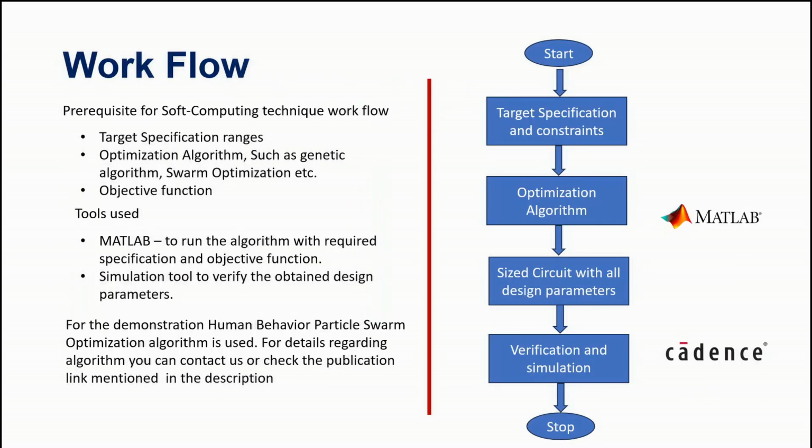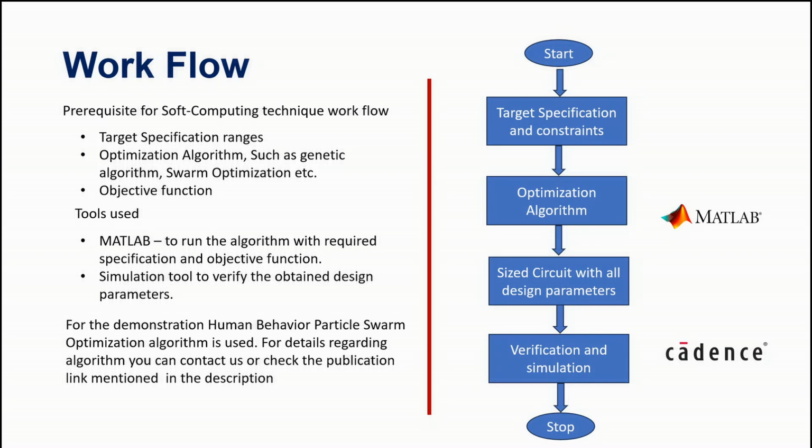So this is the workflow, and the prerequisites for the soft computing technique are target specification ranges. We have to set the target specification range and choose one algorithm, such as genetic algorithm or swarm optimization technique, and an objective function. The target specification can be obtained using some equations based on the circuit.